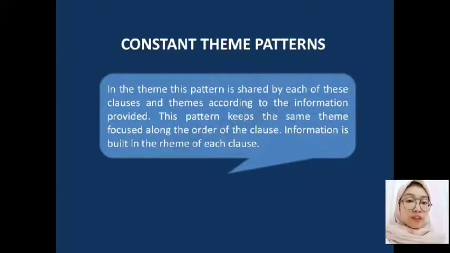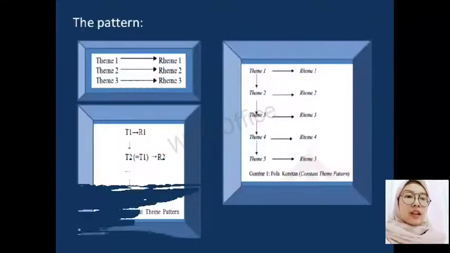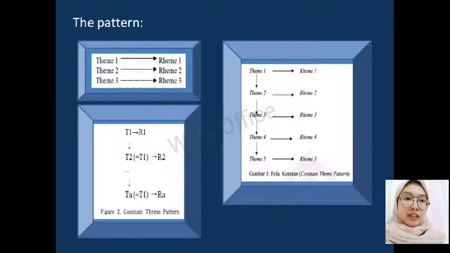So, in brief, constant theme pattern is a theme progression pattern by repeating the theme of a particular clause in the next clause. The pattern is represented like this. There are three patterns, as you can see, and actually they have the same meanings.